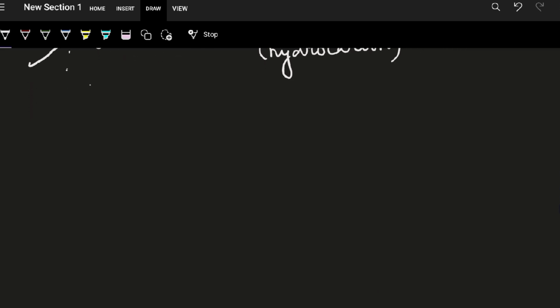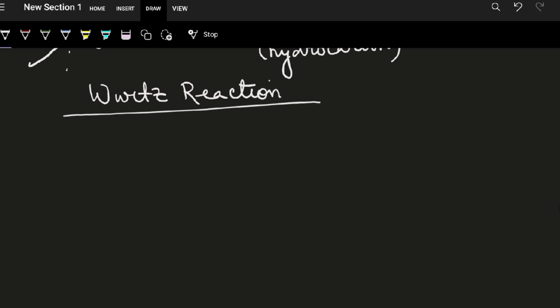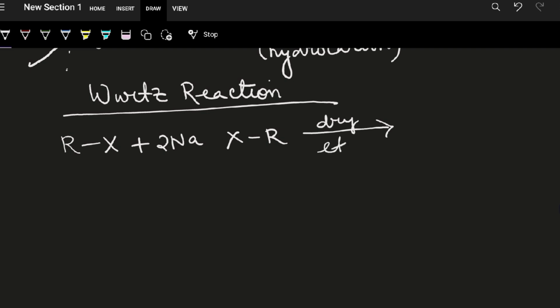Next we go to a reaction which is known as Wurtz reaction. Now Wurtz reaction is a reaction where 2 moles of alkyl halide, say I am writing 1 mole here and the other mole I am writing in this manner, 2 moles of alkyl halide reacts with 2 moles of sodium in dry ether medium, and there occurs a formation of NaX.